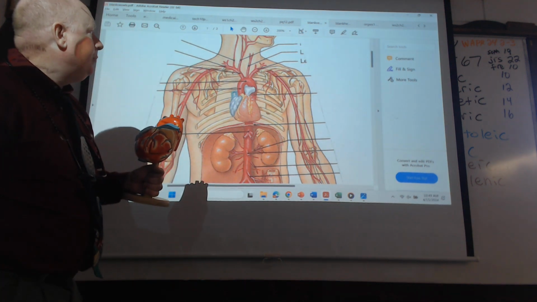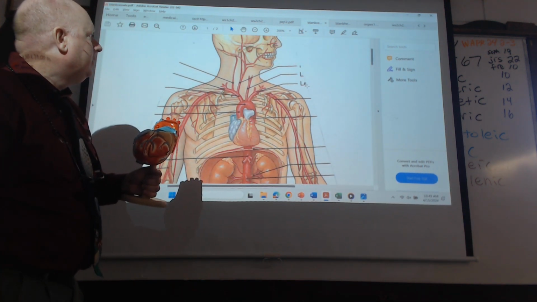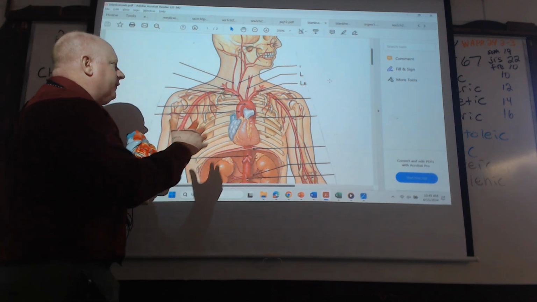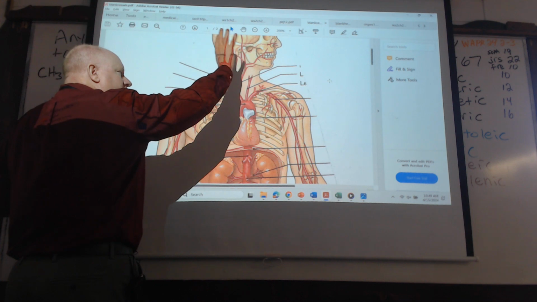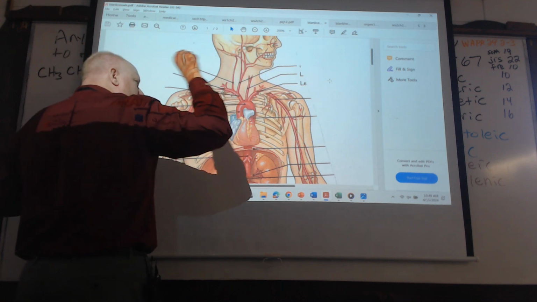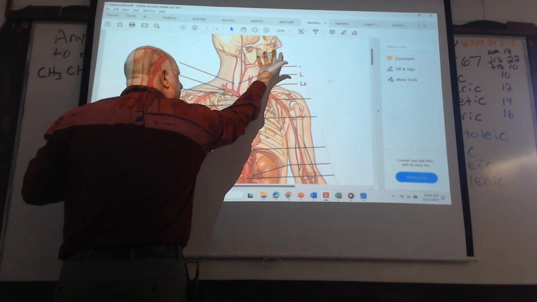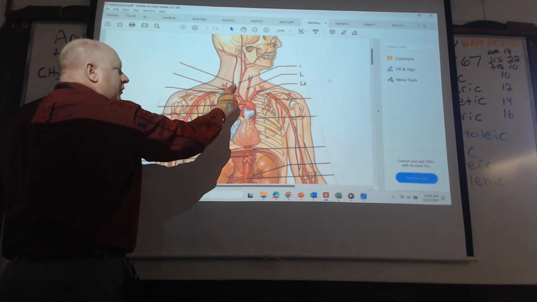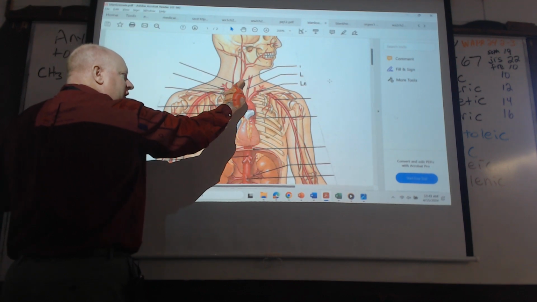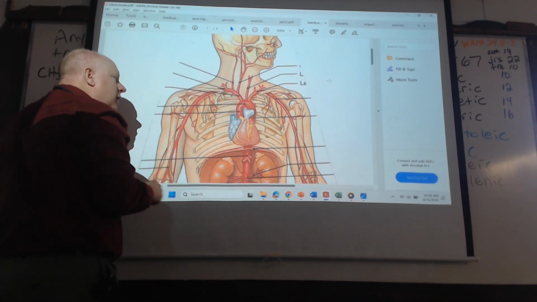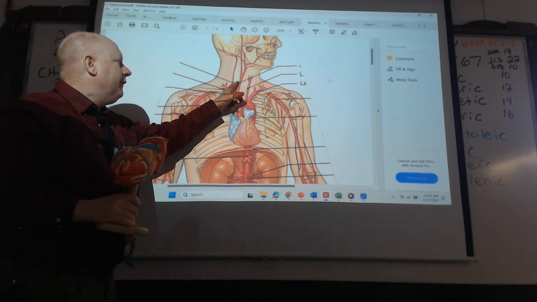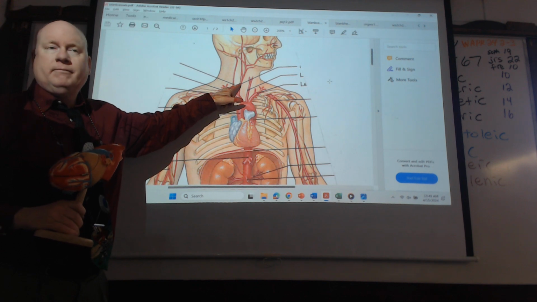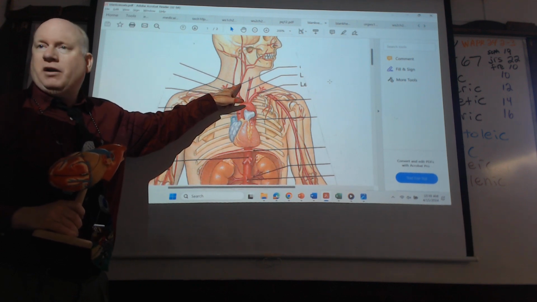It's hard to see this in 2 dimensions, but just think of it this way. This model is looking to the left. If this face was to turn this way, this would be further in back, and this would be further to the exterior. If this is outside, what is this known as then? External carotid artery.